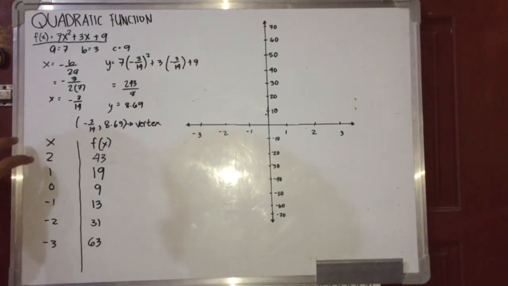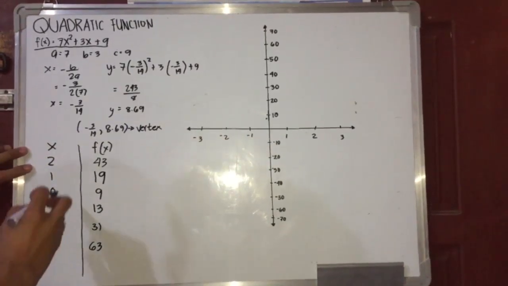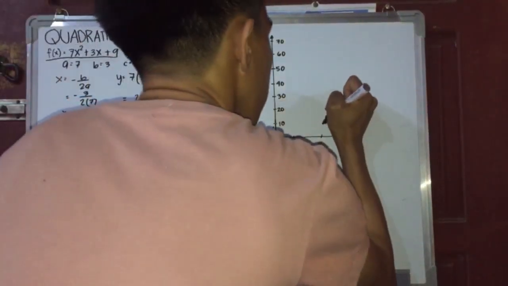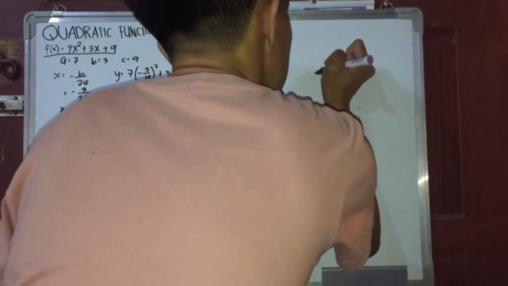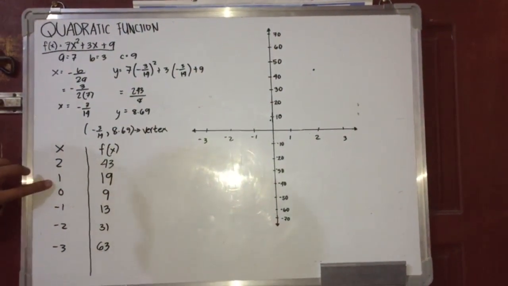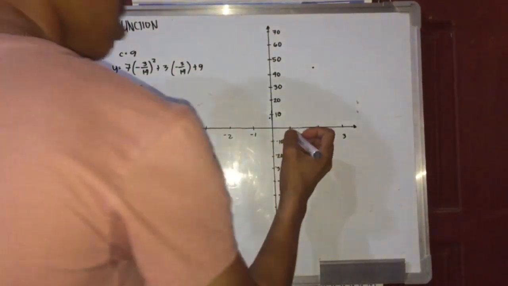Then our next ordered pair is 2 and 43. Third one, 1 and 19.